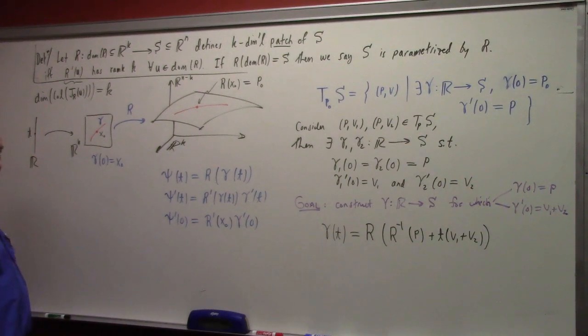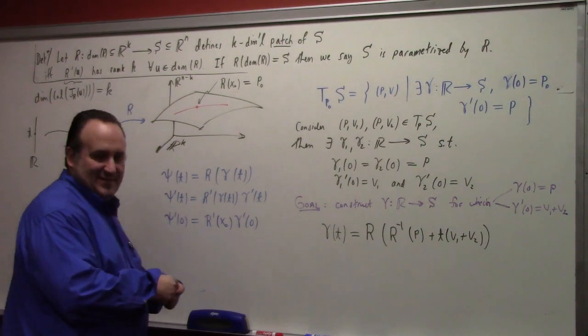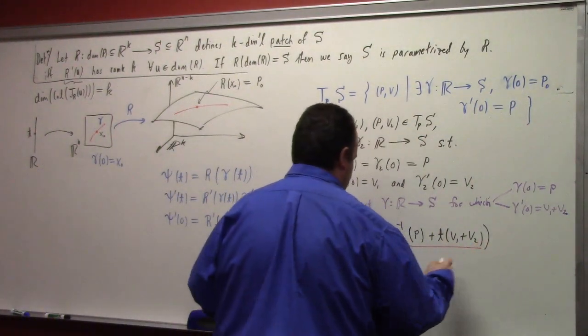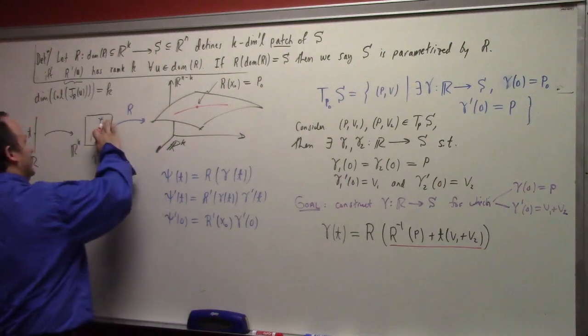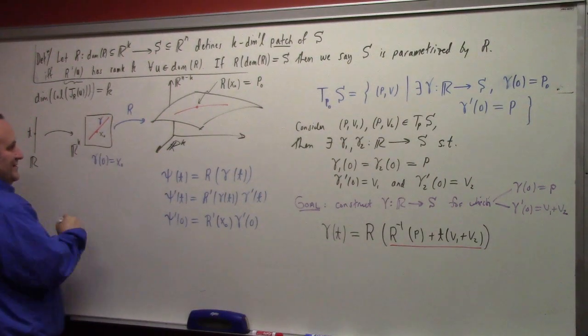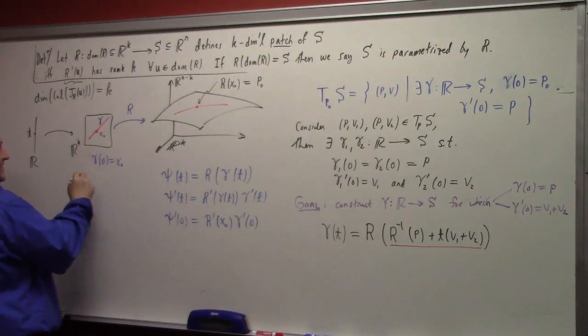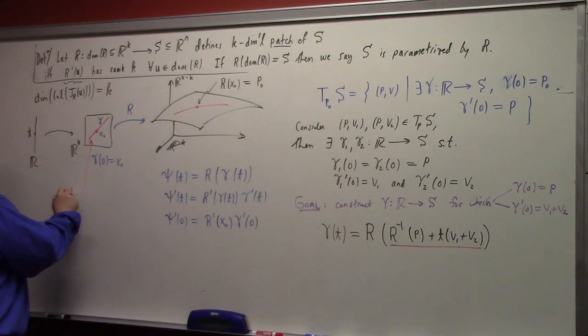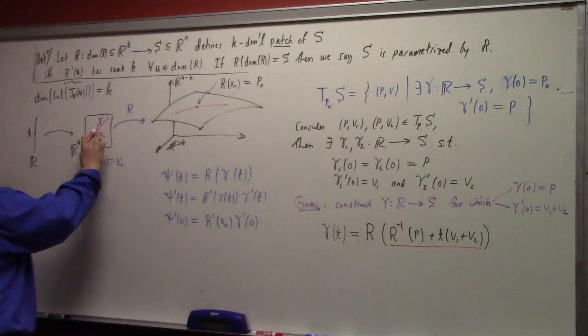So this path would be like R inverse of p, which I'm calling x naught for the sake of my picture.